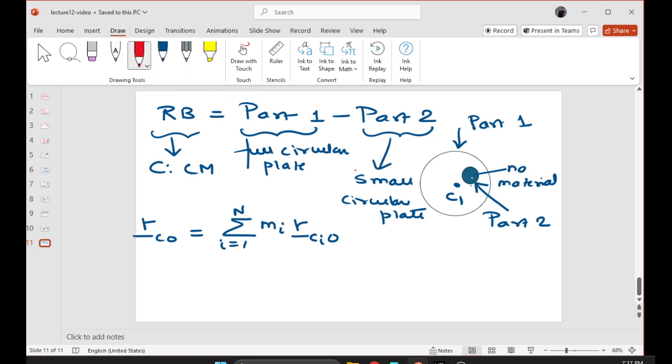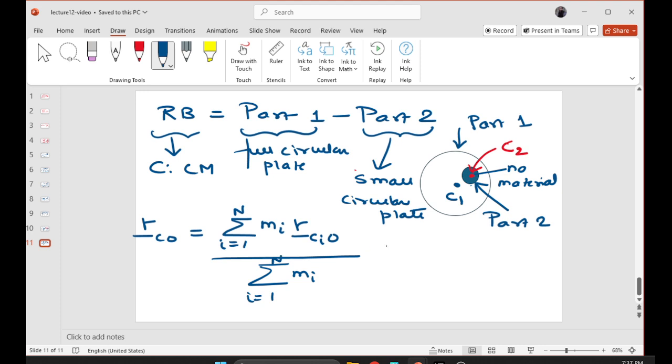And mind you, the removed part would have had its center of mass at C2, right? The removed part had its center of mass at C2.